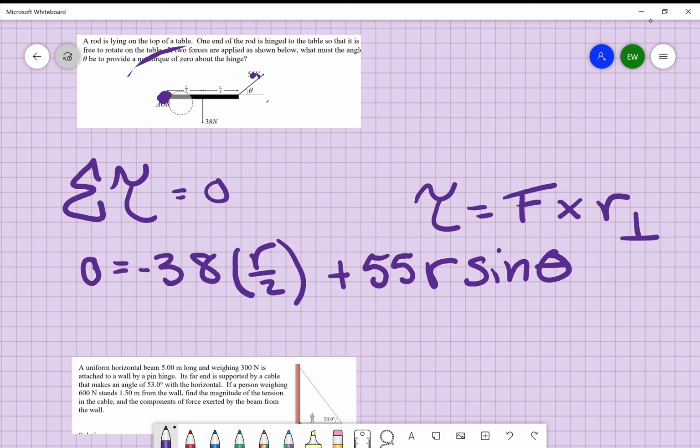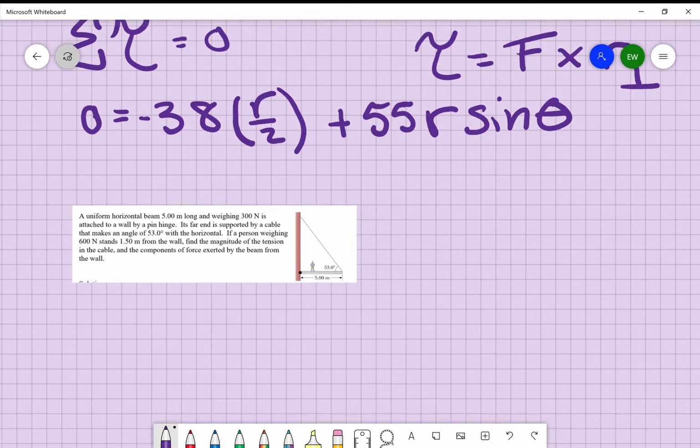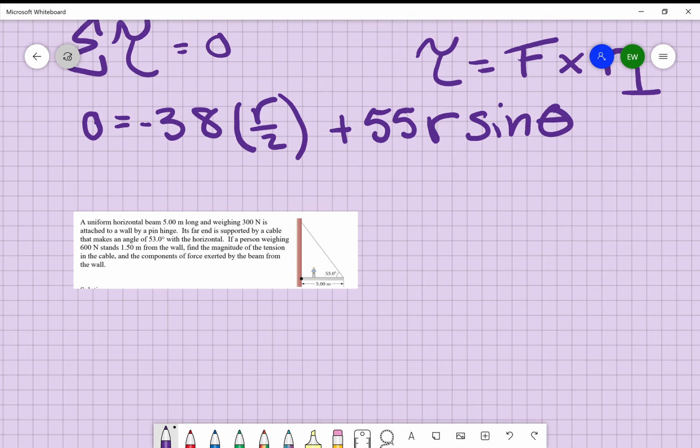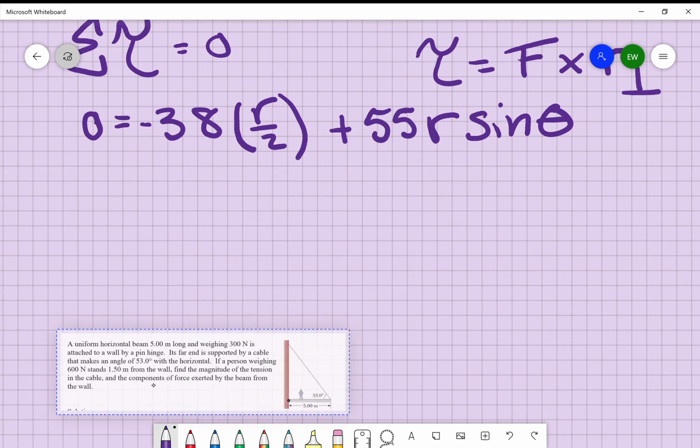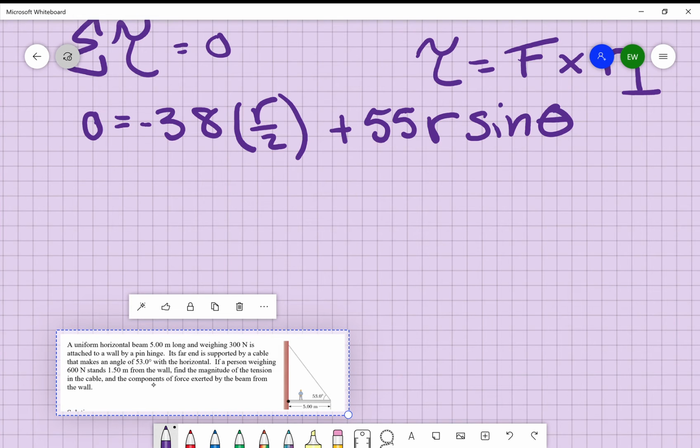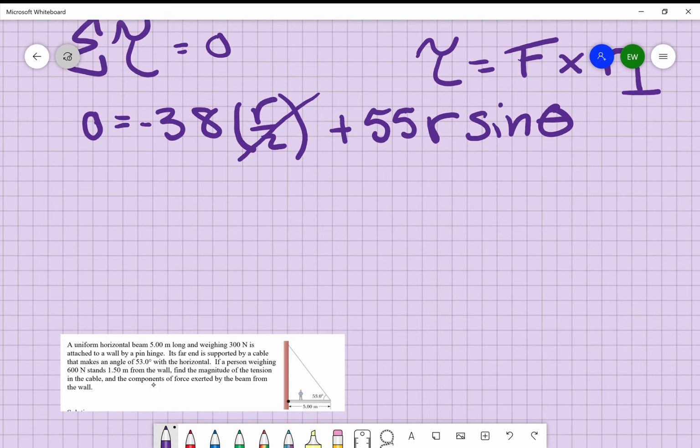All right, let's simplify this and solve for theta. If you're not super great on the whole algebra thing, that's all right. You've come to the right place. What I'm going to do is get rid of these r's. If I have a half and I have a whole, I can cancel them out and put in a 2.